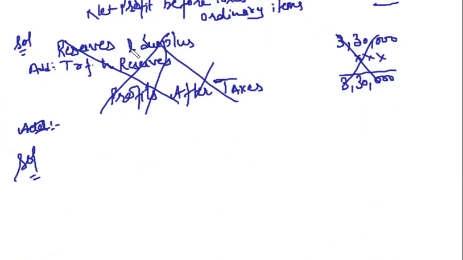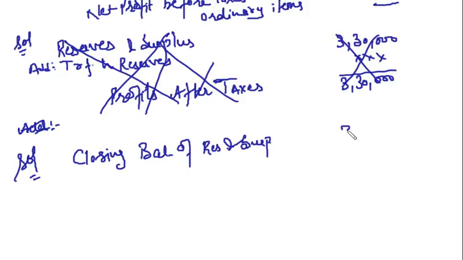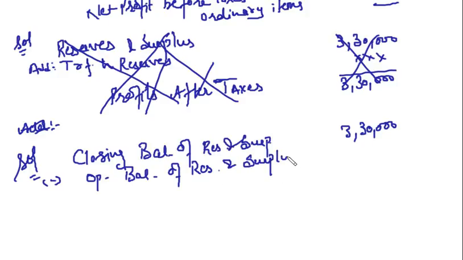So how to calculate this is, what is the closing balance of reserves and surplus? It is 3,30,000. I will subtract the opening balance of reserves and surplus, 2,20,000.